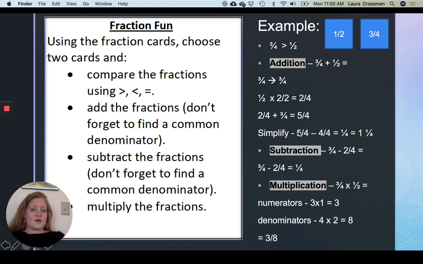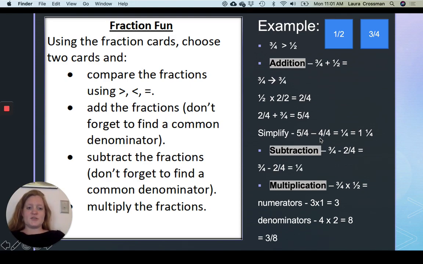So 5/4 is what type of fraction? It's an improper fraction since the numerator is bigger than the denominator. So in this problem, I chose to simplify by taking my 5/4 and subtracting a special form of 1 that uses the same denominator to help me find my answer.